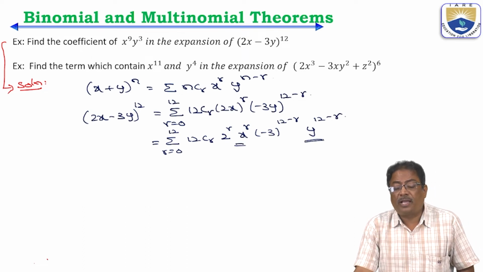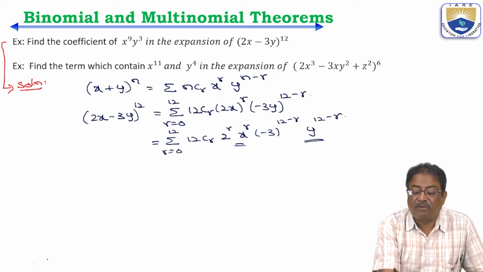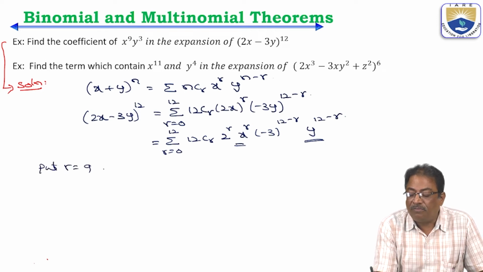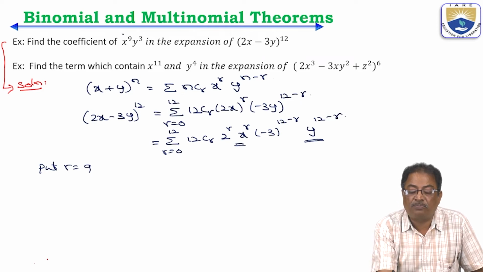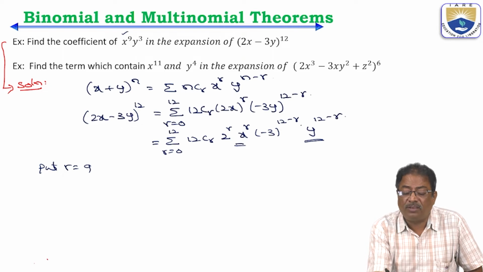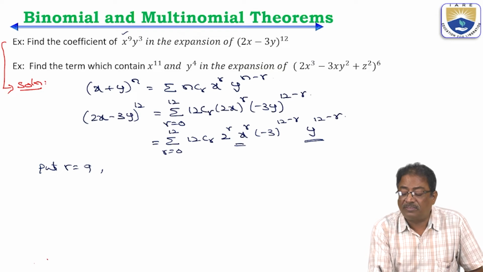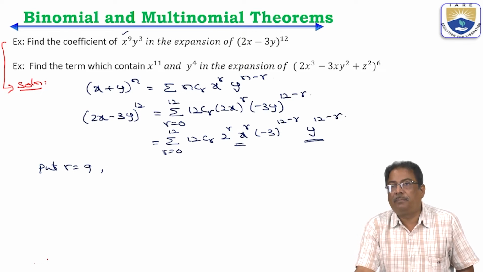We have to find the coefficient of x to the power of 9, so I put r equals 9. Only when r equals 9 will it become x to the power of 9, and then y automatically becomes y to the power of 12 minus 9, the y cubed term.